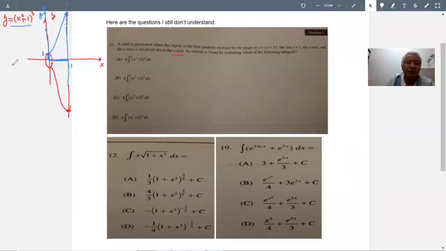We use this method. One of the methods of integration for finding the volume is called the disk method. How does the disk method work? Think about this. For example, this is anywhere x, and this is the y, and this y equals this function.